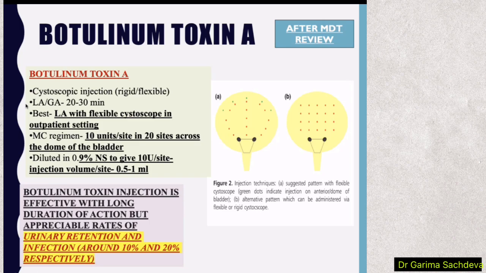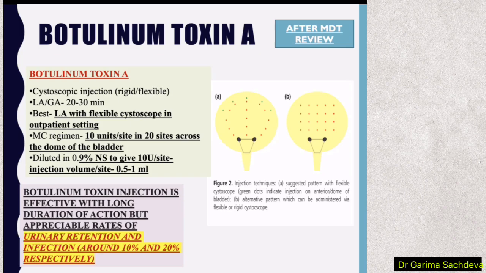You can do it under local anesthesia or general anesthesia. It takes around 20 to 30 minutes and is done under cystoscopic guidance. Best is you do it under local anesthesia with a flexible cystoscope in an outpatient setting. Mostly you give 10 units per site in 20 sites across the dome of the bladder.